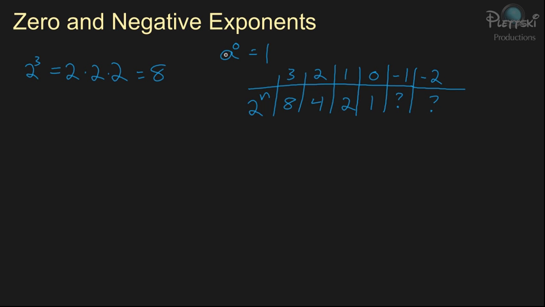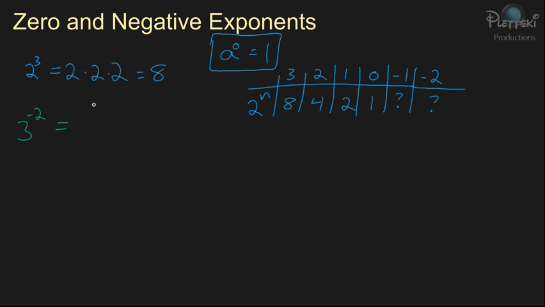So when you raise any non-zero number to the 0 power, your answer is always 1. So that's our first rule. Now the second rule is with negative exponents. For example, if you have 3 raised to the negative 2, a negative exponent tells you to take the reciprocal of that.